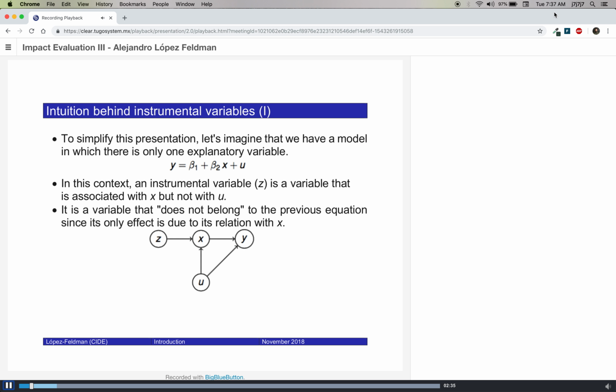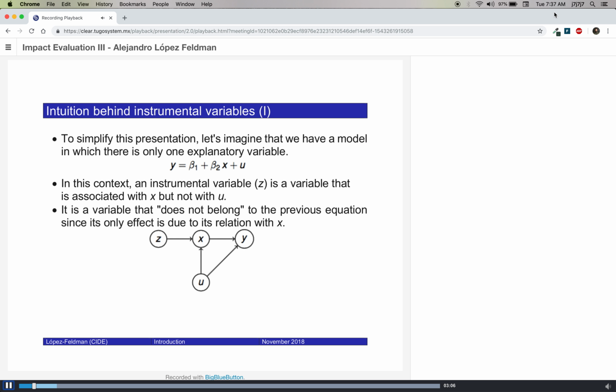So we had a model in which X has an effect on Y, and we are going to measure beta, the effect of X on Y. And this is going to be provided by beta 2. So everything was working when there was no relationship between the error and x. So this can be different. For instance, if we have an omitted variable, this is one of the main reasons why we would have an endogeneity problem.